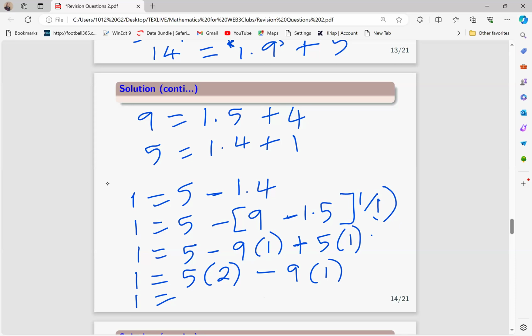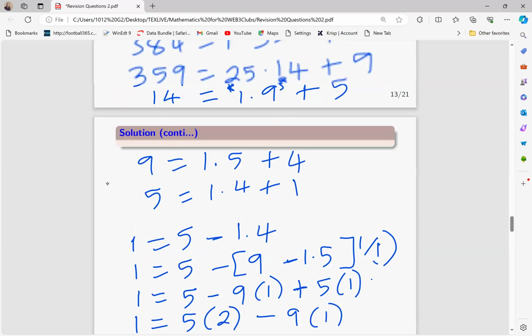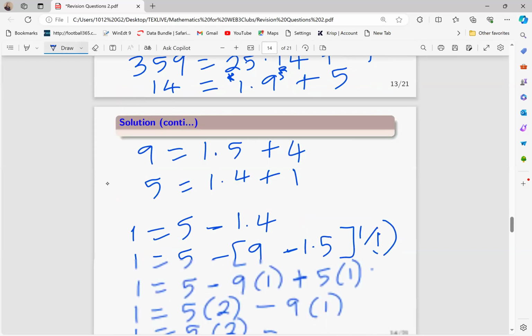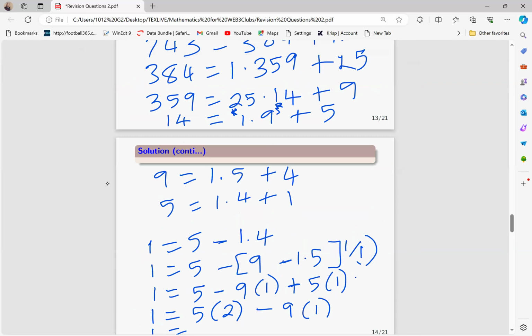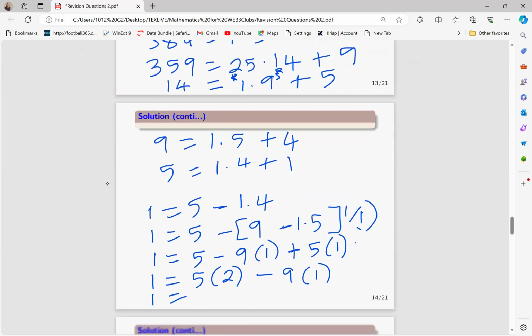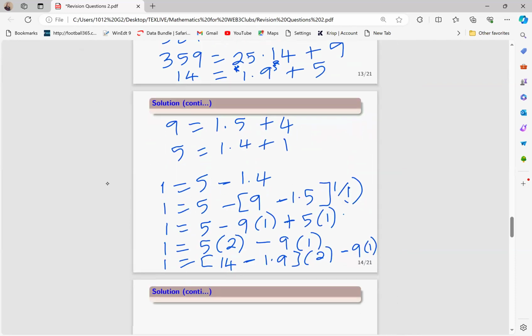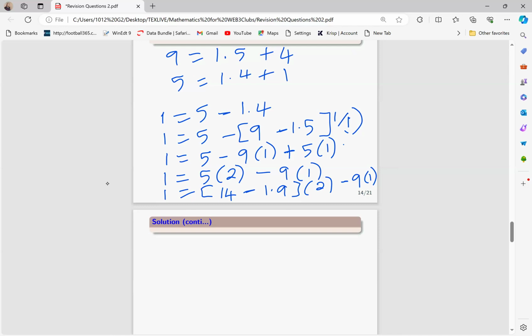So now I want the 10. So 5 in another form, so 14 minus 1 times 9, times 2 plus 9 times 1.